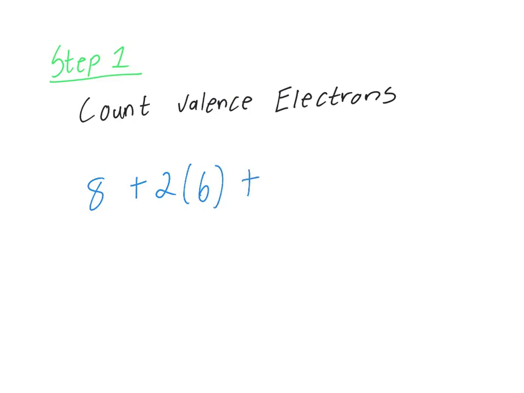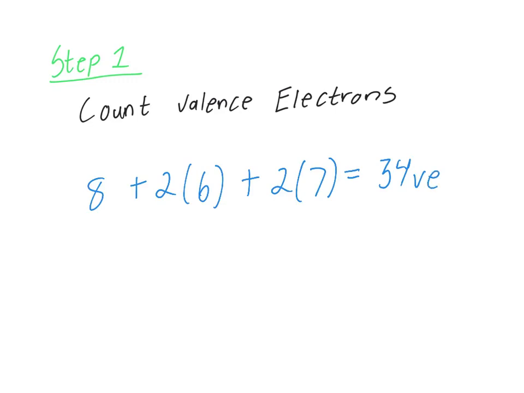Then you add the fluorine, which has 2 fluorines, so you multiply that by 7 valence electrons. That would be a total of 34 valence electrons.